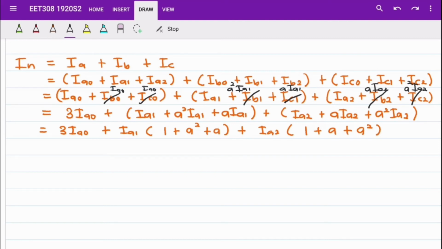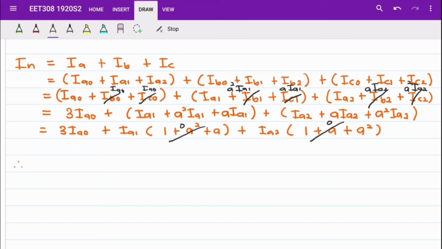Then if we substitute the value of operator a, we will get 1 plus a to the power of 2 plus a is equal to 0. And this one is equal to 0 as well.